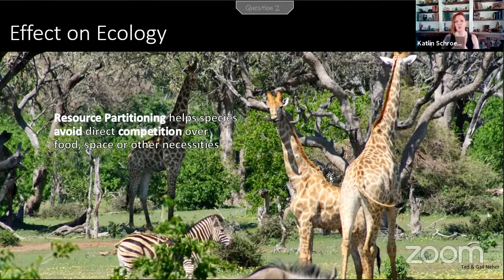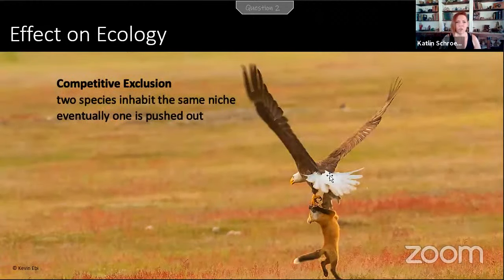Any form of resource partitioning for these animals is super, super important because they don't have a lot of the other ways that we see partitioning, especially dietary partitioning in modern mammals. And this is important because when a species or an individual of a species ends up in the same niche, where they're competing for the same food in the same place at the same time, competition tends to pick a winner, right?